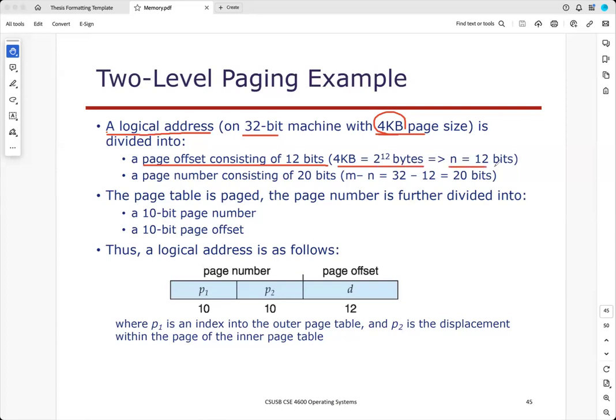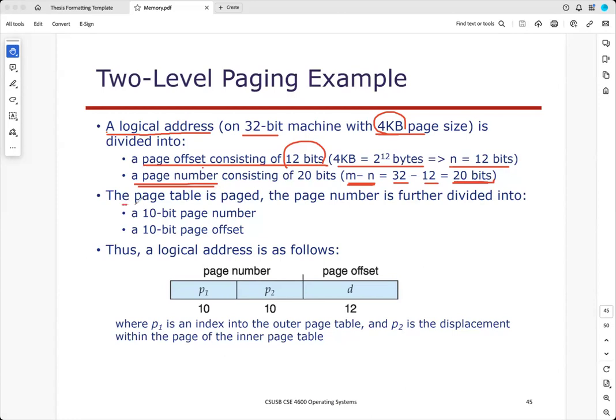So n equal to 12. Now the page number has m minus n bits, with m equal to 32 and n equal to 12. M minus n equal to 20. So the page number has 20 bits.